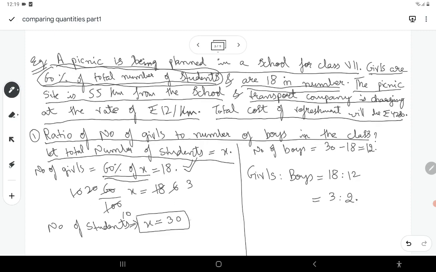On solving this, we get the value of x, which is equal to 30. So the total number of students is 30, and the number of girls we know, so we can find the number of boys. The number of boys would be 30 minus 18, which gives us 12. So girls to boys is equal to 18 to 12, which gives us 3 to 2.